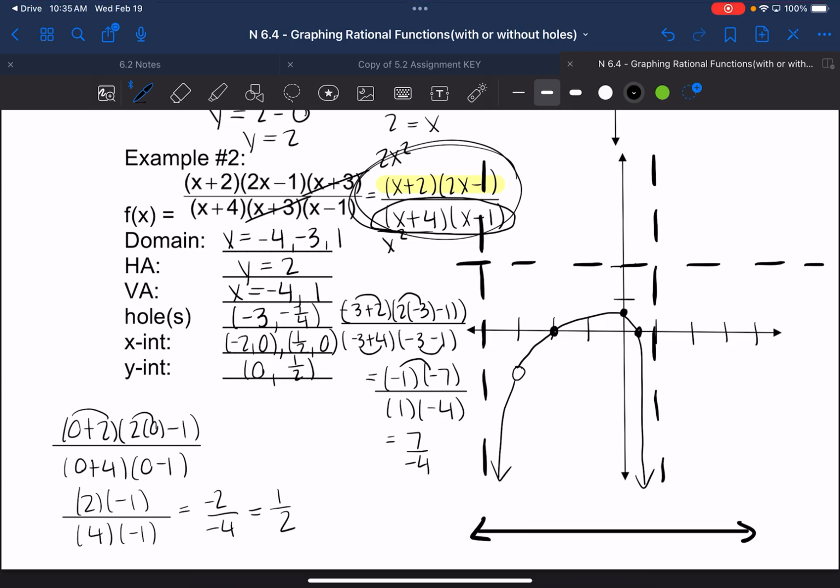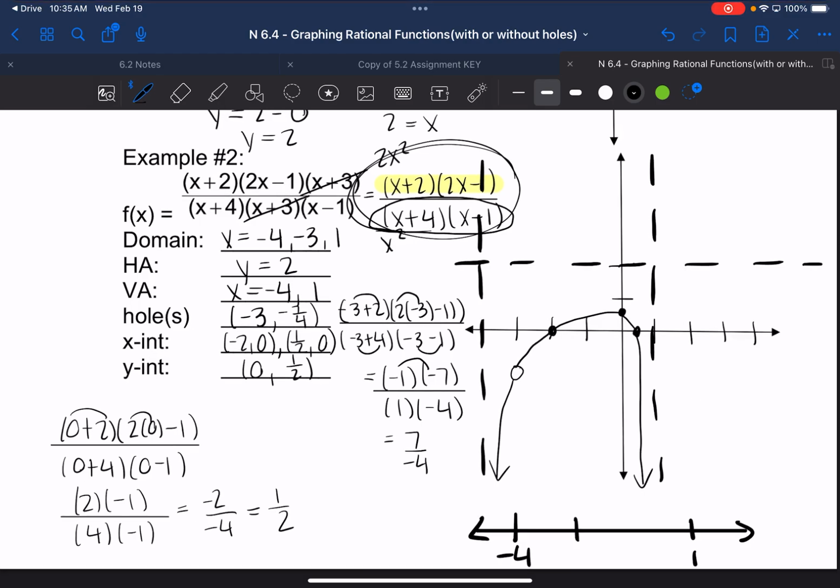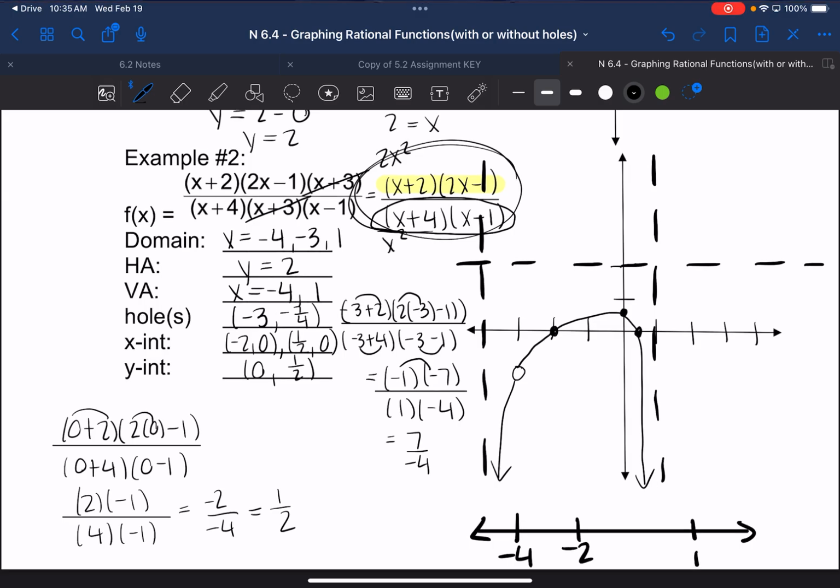So our important x values would be our asymptotes, which were at -4 and +1. And then our x-intercepts, which were at -2 and +1/2.